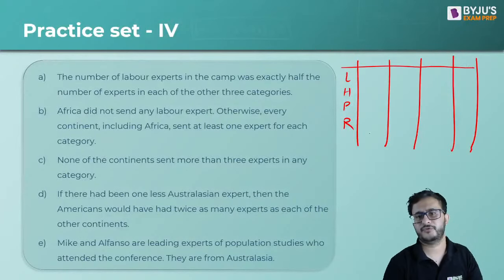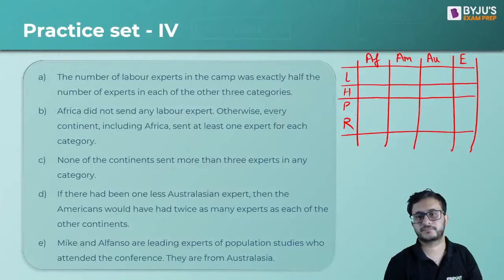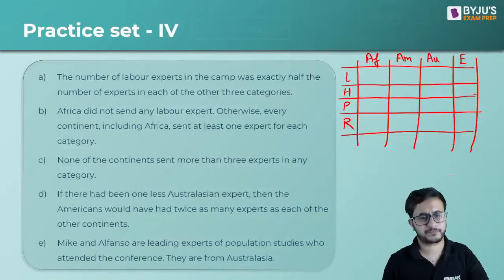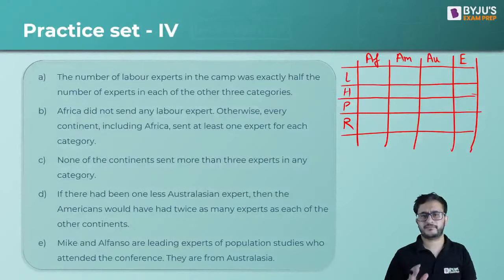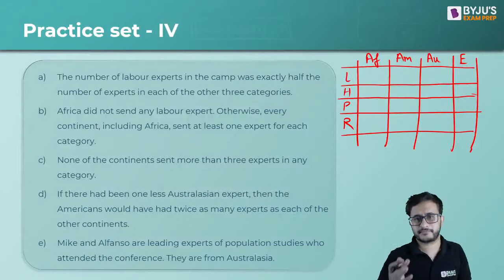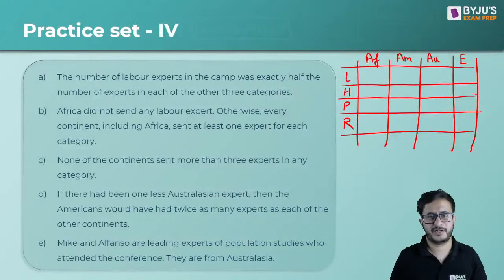So there are 4 here also: Africa, America, Australasia, and Europe. So you have to have a total of 21 people. Okay, so let's try to fill it. Try to fill it and tell me how many cases you get and some data, and then we'll discuss it.